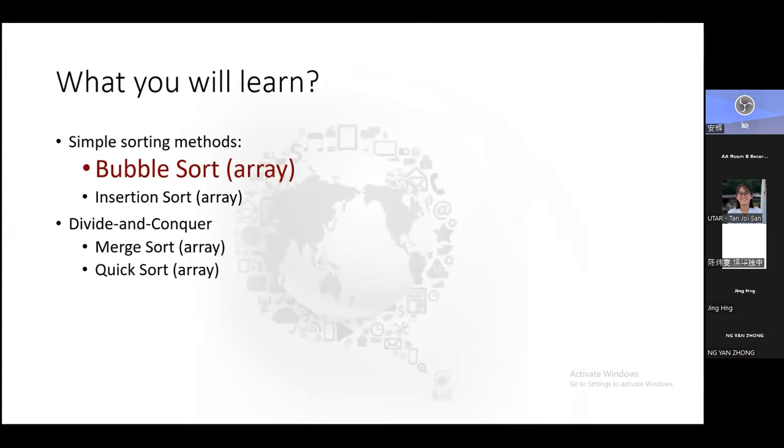There will be four types of sorting that we are going to discuss: first is bubble sort, insertion sort, then merge sort, and quick sort.